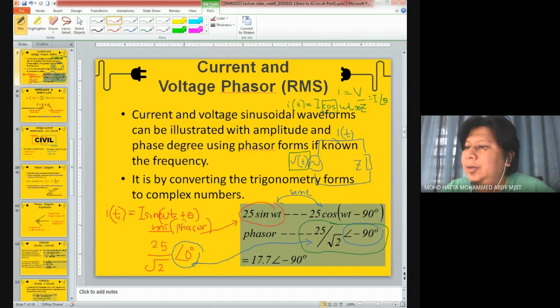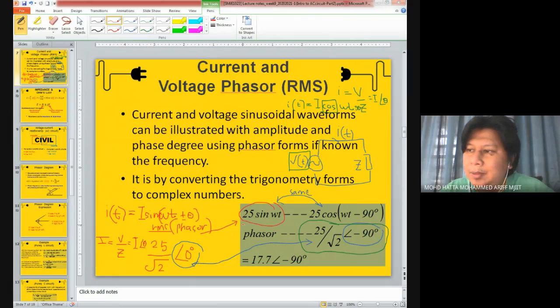To get these two values, I and theta, it is given by I equals V over Z. If you solve this, it will give you the magnitude of I and the angle. These two components are the values you see in the sinusoid equation for your current.